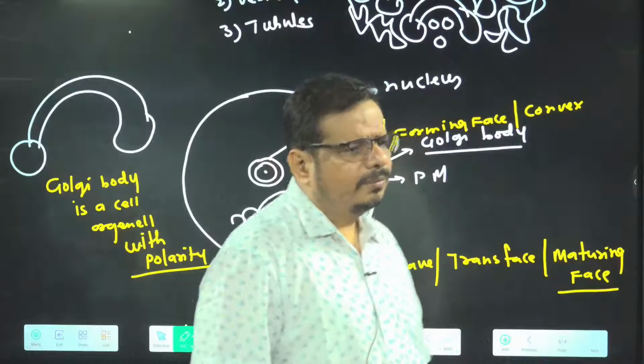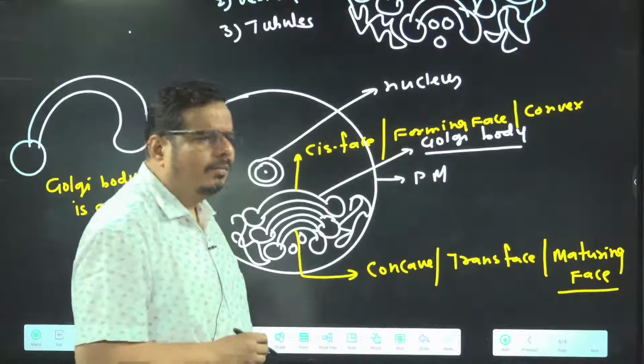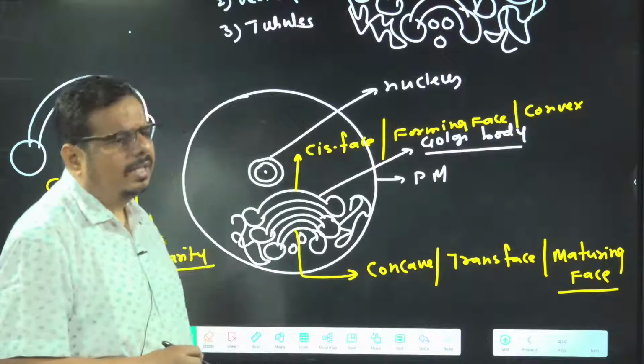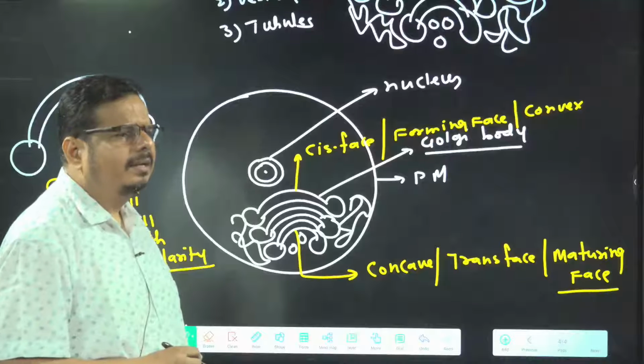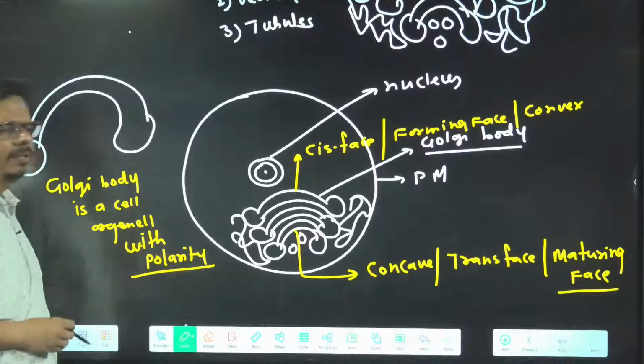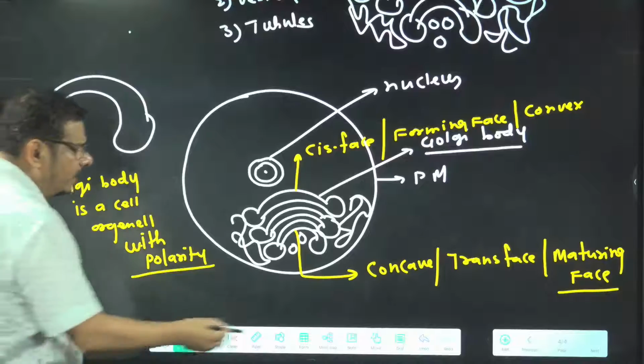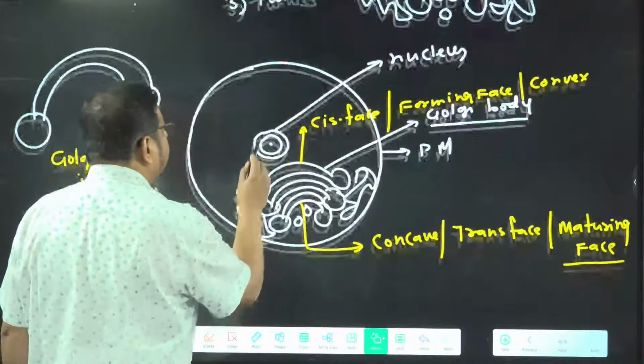One as forming face, another as maturing face. One is convex face, another is concave face. Are you getting the idea? And that is the reason we call it a cell organelle with polarity. And both the faces are different but interconnected.